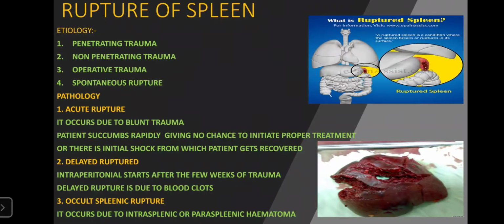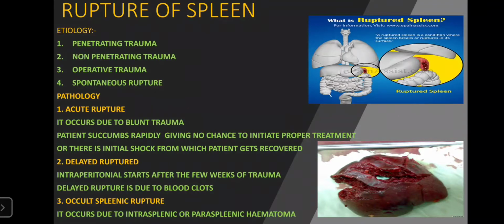Another clinical condition of the spleen is rupture of spleen. Rupture of spleen may be spontaneous or due to a trauma, like penetrating trauma, non-penetrating trauma, or operative trauma.